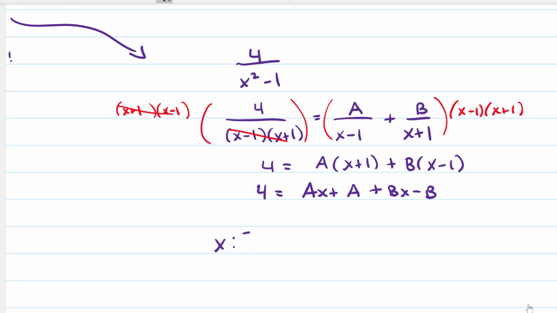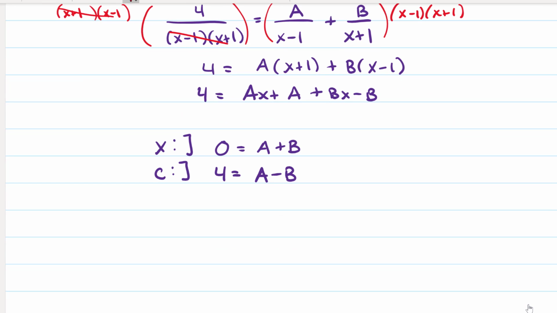Now I'm going to set up my two equations. Notice on the left side, I don't have any x values, so it's 0. So 0 equals A plus B. And then for my constants, 4 is equal to A minus B. Because it's pretty straightforward, you can just add these because one of them is going to cancel.